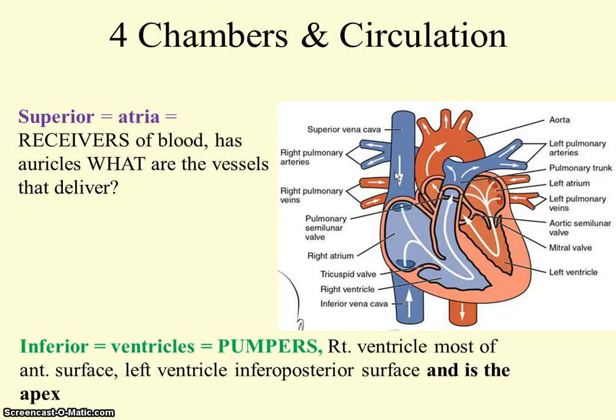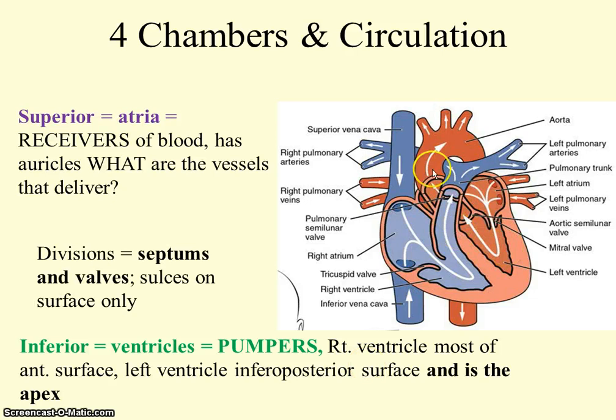All right. The inferior 2 chambers are the ventricles, and they really are the pumpers. The right side of the heart is the most anterior when you're looking at the front of the heart, as you did in the picture on the first page. And then the left ventricle is really the entire apex, as it shows you here, and is more of the inferior posterior, so much of the back side of the heart is where you see the left ventricle.